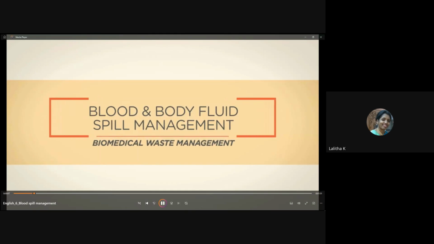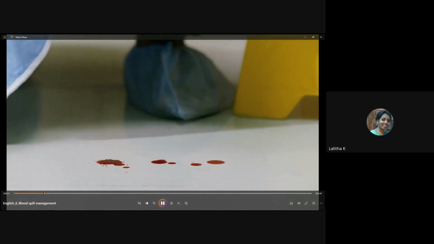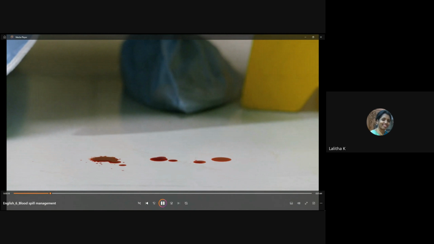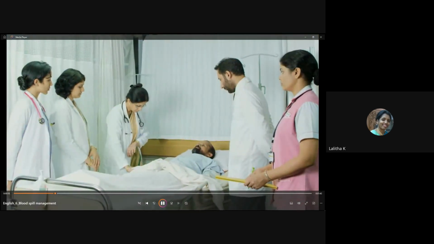Blood and body fluid spill management. Blood and body fluid spills need to be managed with utmost care to prevent exposure to infection.